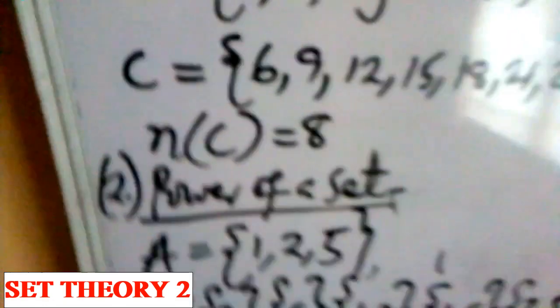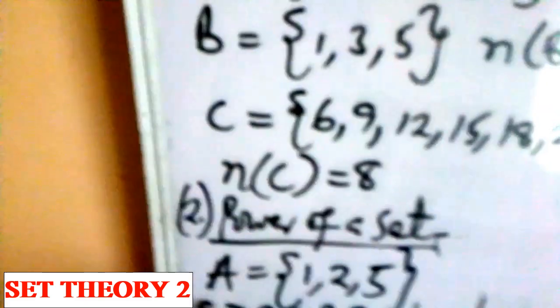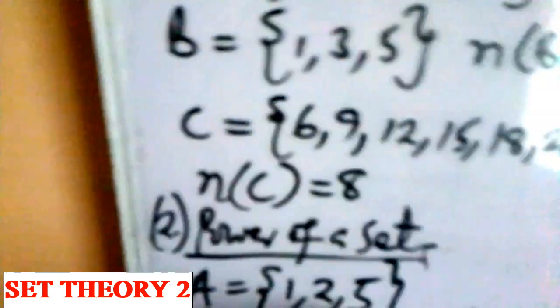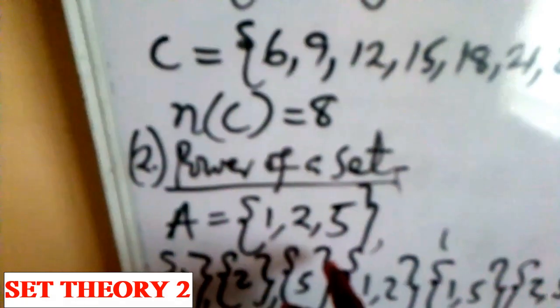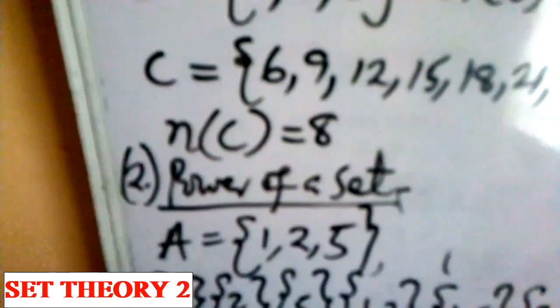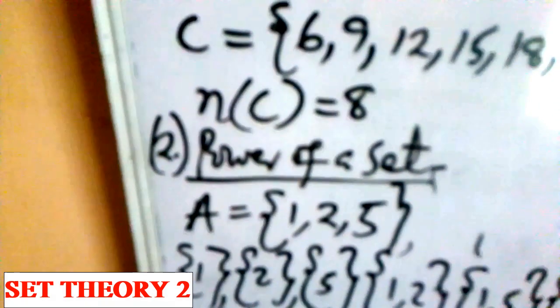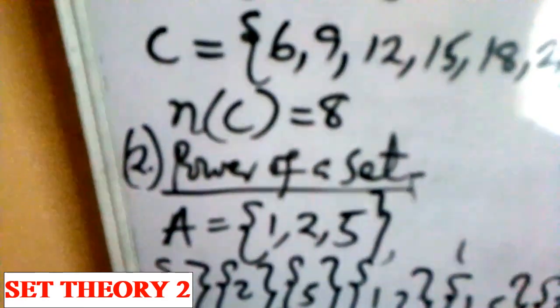Now the power set, or power of the set. Consider this particular set A having 3 members, 3 elements: 1, 2, 5. The power of the set tells you how many subsets can be produced, or extracted, from that set.